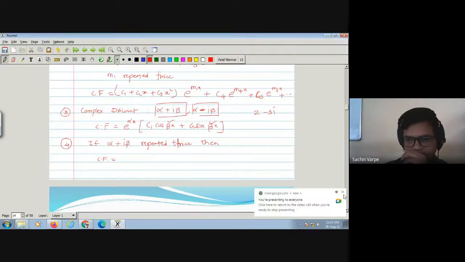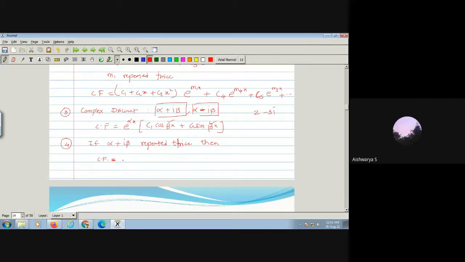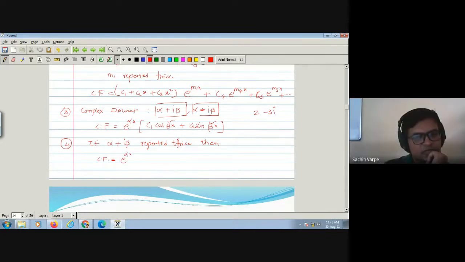What is the formula? e to the power alpha x must be there.